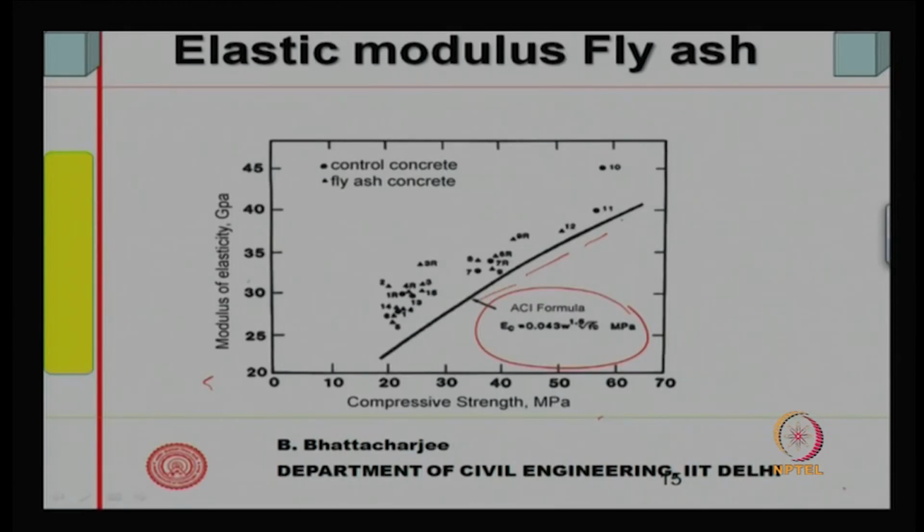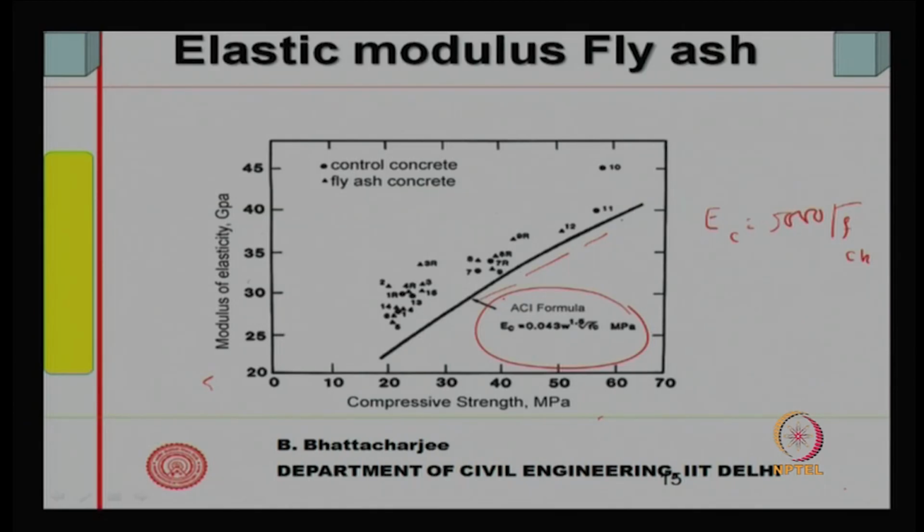So, this is, for example, the design formula which is suggested. We have the IS code and any other code will have a similar kind of thing, and they relate it. In fact, if you see the IS code, it is 5000 root fck, that is the relationship. That kind of empirical relationship, ACI, American Concrete Institute, also has a similar formula.